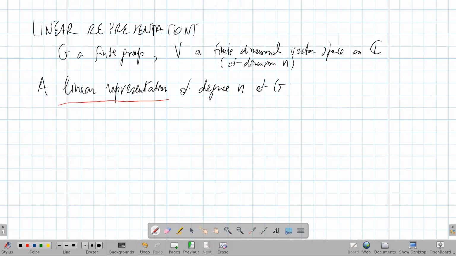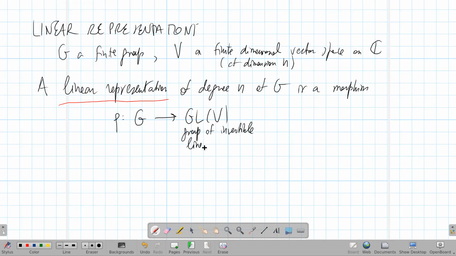It simply is a group morphism rho from G to GL(V). Now, abstractly, this is the group of invertible linear maps on V. What we will very often do, we will choose a basis of V. This is a finite dimensional vector space, so a basis with n elements, because n is the letter we reserved for the dimension.